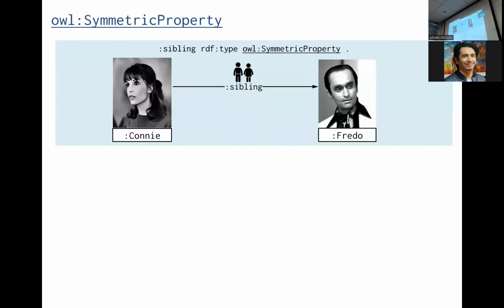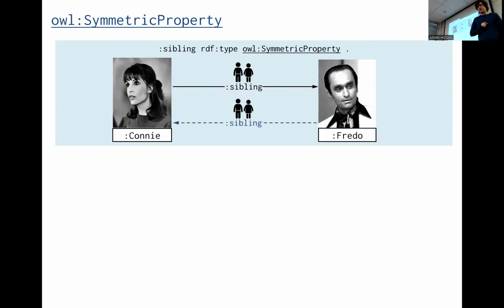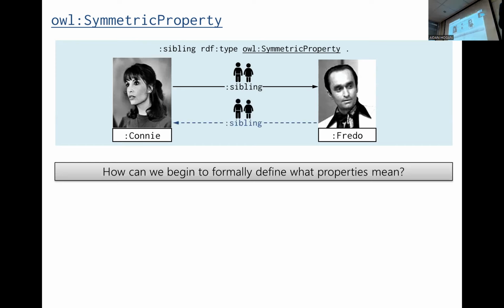So what about properties? So if we use sets for classes, what will we use for properties is the question. Yeah, so we have this sort of inference here, like we saw in the last class, where sibling is a symmetric property and Connie is a sibling of Fredo, then we can imply that Fredo is a sibling of Connie. Yeah. So how could we begin to formally define what properties mean?